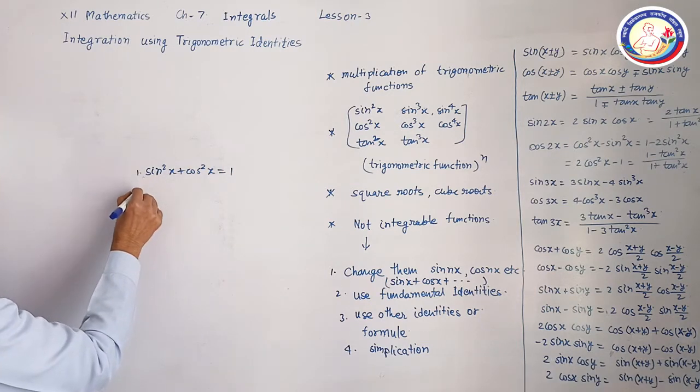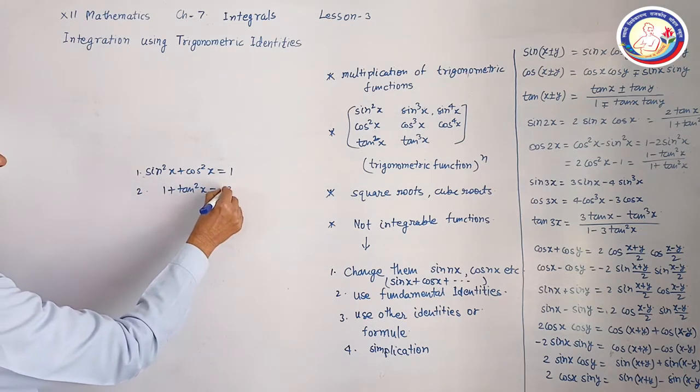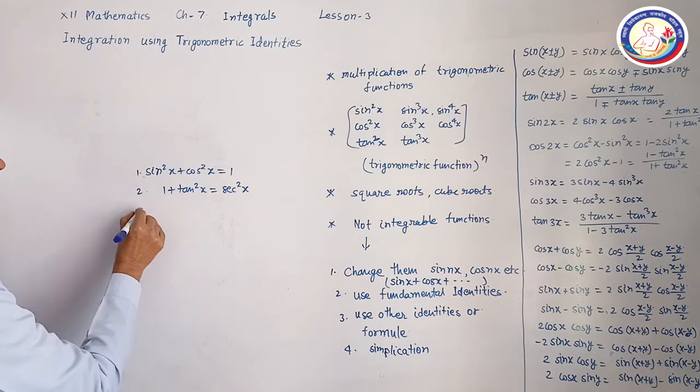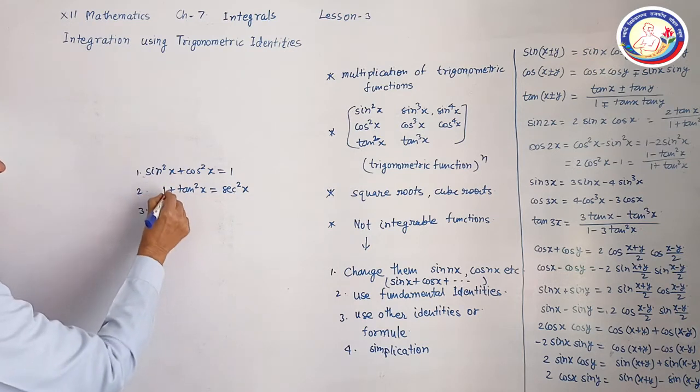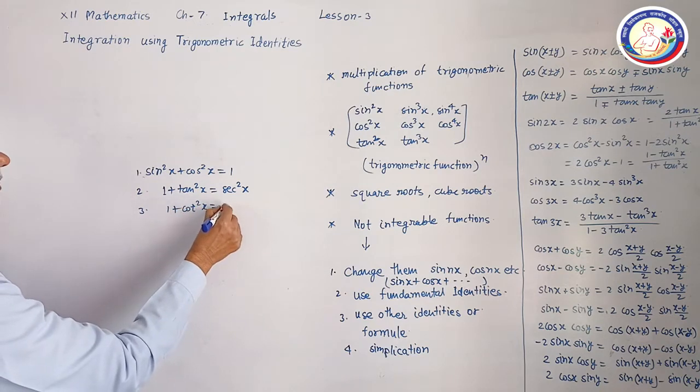Second is 1 plus tangent square x equal to sec square x. Third is 1 plus cot square x equal to cosec square x.